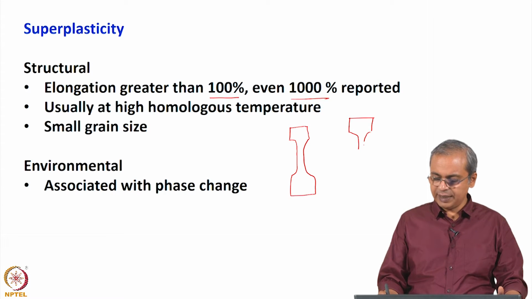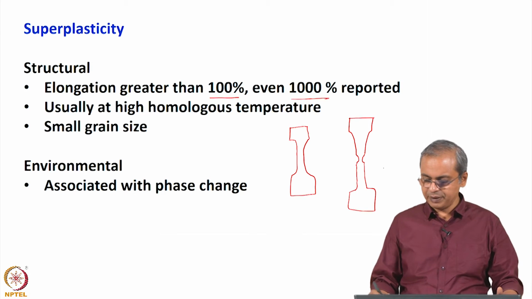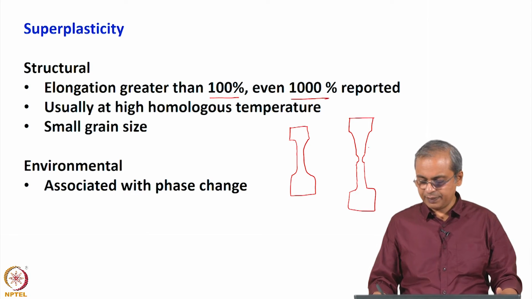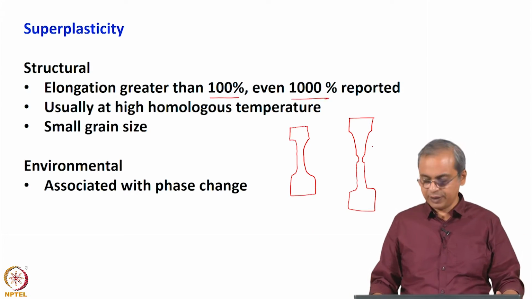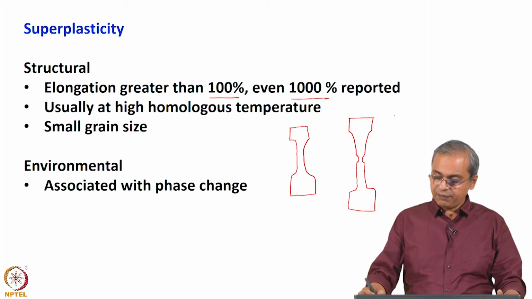So initially you are only seeing elastic deformation, and then eventually there is some form of plastic deformation that is beginning to happen. Right. So some plastic deformation happens, and then you have some necking that is happening, and then eventually the material begins to expand. So we look at the final elongation.